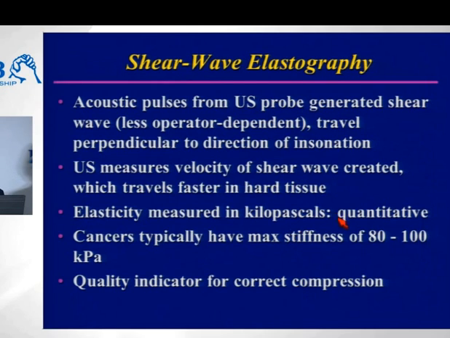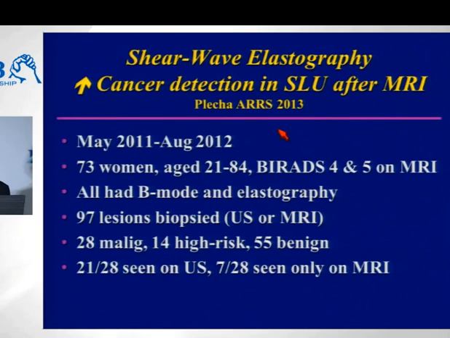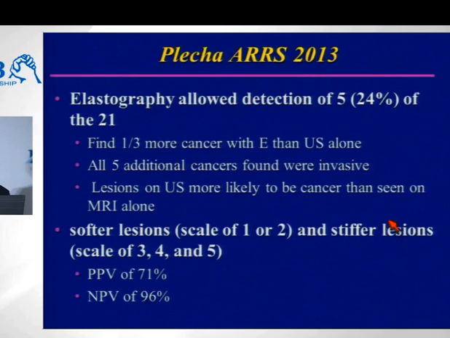Shear wave elastography, the pulse is generated actually by the ultrasound probe, and the tissue motion is perpendicular to the ultrasound beam. Unlike strain, you can actually scan with the shear wave on. And in doing so, Dr. Donna Plecha showed that you could increase the detection of cancer on second look ultrasound after MRI.